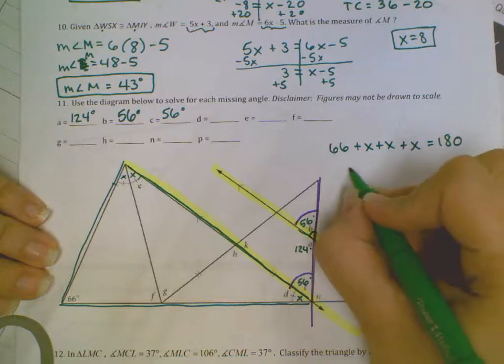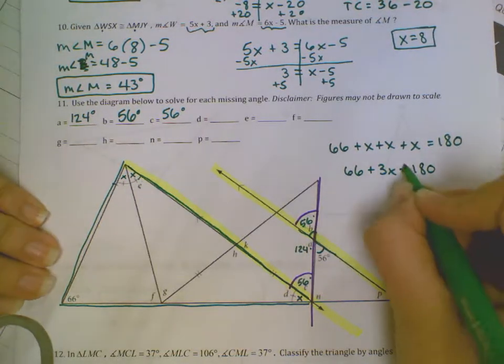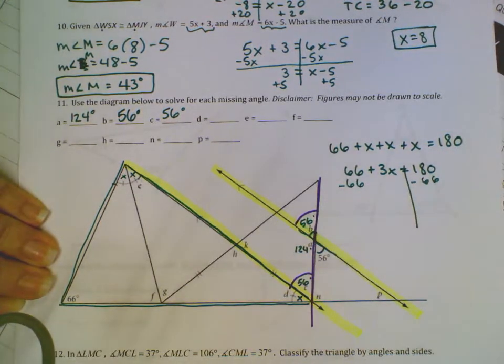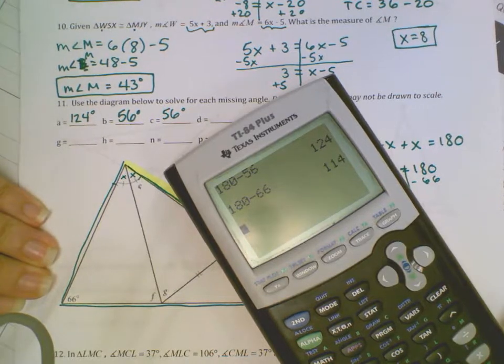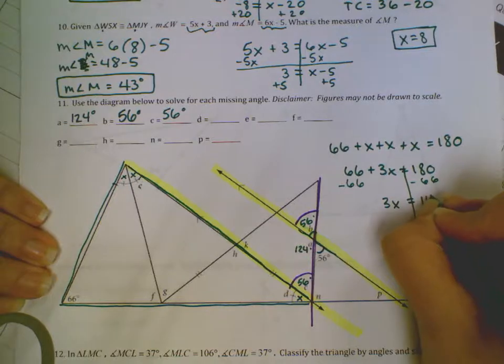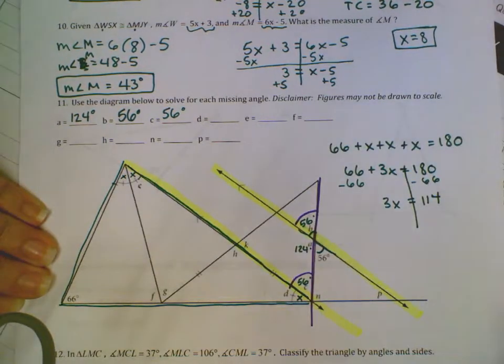So I've got 66 plus 3X equals 180. Then from there, I'll subtract 66 from both sides. So 180 minus 66 gives me 114. So 3X equals 114, and if I divide that by 3, I get X is equal to 38.